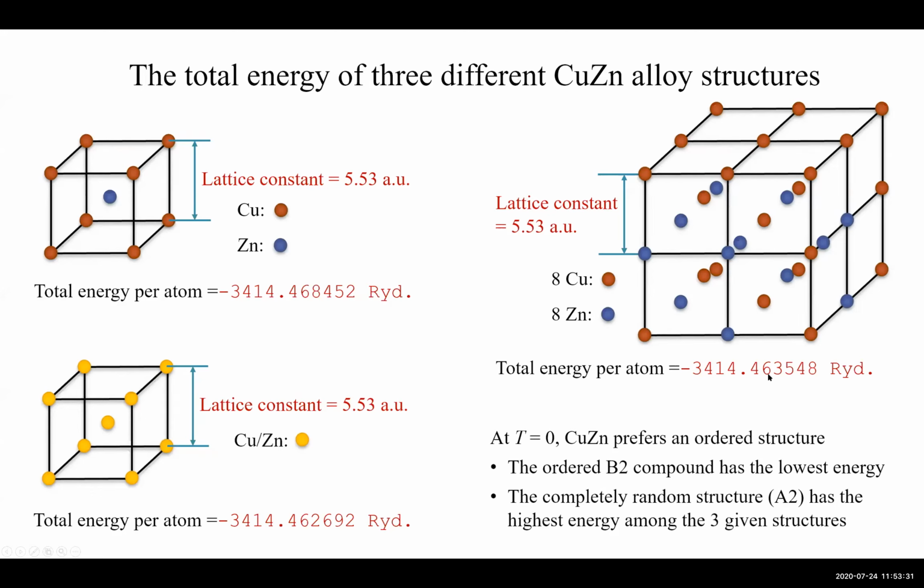This supercell is kind of disordered, but not totally. A 16-atom cell cannot really represent a totally random structure, but it more or less mimics the disordered structure. So it has higher energy than the completely ordered structure, but still lower than the completely disordered structure. So that's what we expect.